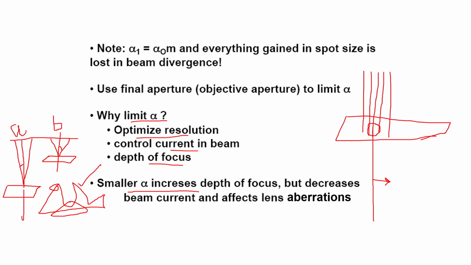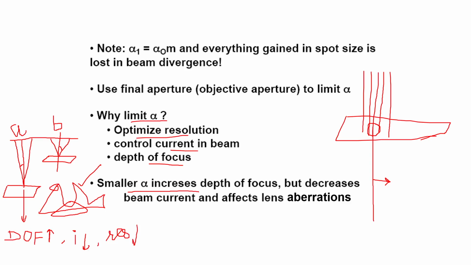So in case A, the depth of focus, which I'll denote as DOF, is very high where alpha is smaller, the current, that is I, is very low, and as a result the resolution, which I'll write as RES, will also be low.